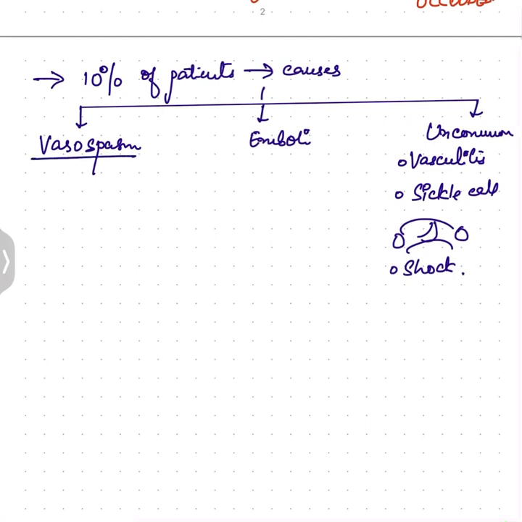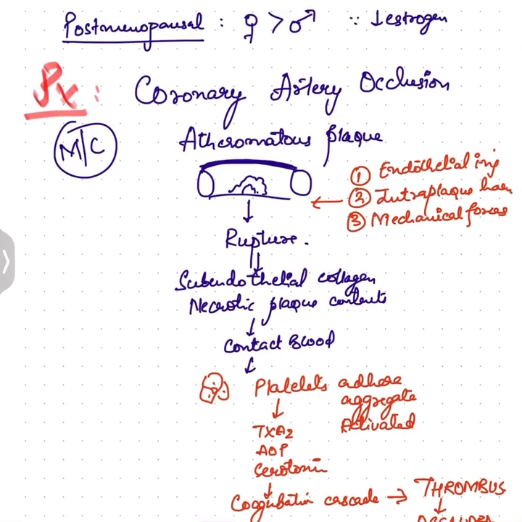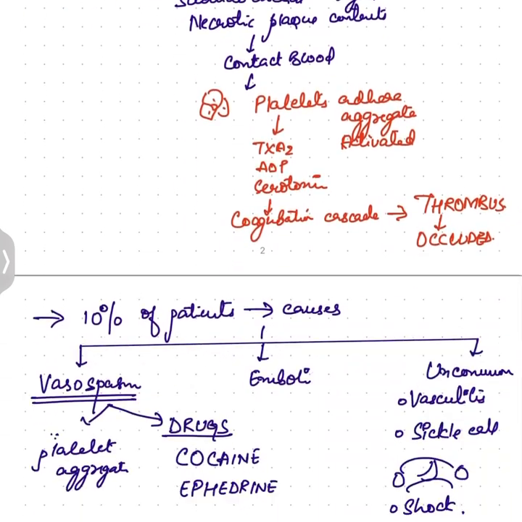Now when we talk about vasospasm, what has led to vasospasm? Now this vasospasm may be because of platelet aggregation, or there are certain drugs which have led to this vasospasm. The first drug that they may ask you is cocaine, and the other drug is ephedrine. So these are the etiological causes and the pathology which leads to MI.